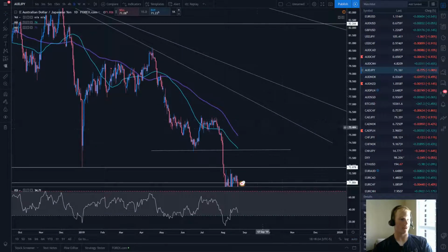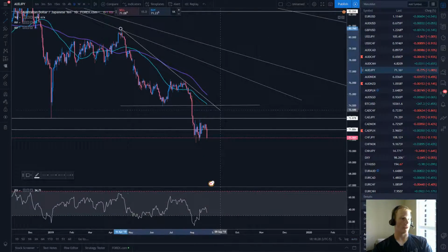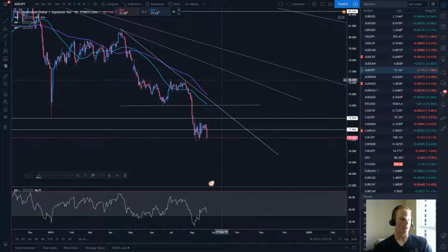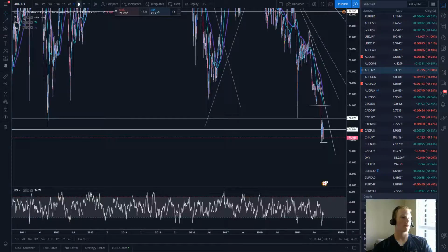Very nice. This is exactly what I want to see. Now the thing is, if this does bottom here, and I do take a position, you have to be aware of this trend line. That's the main thing, because this is massive support.